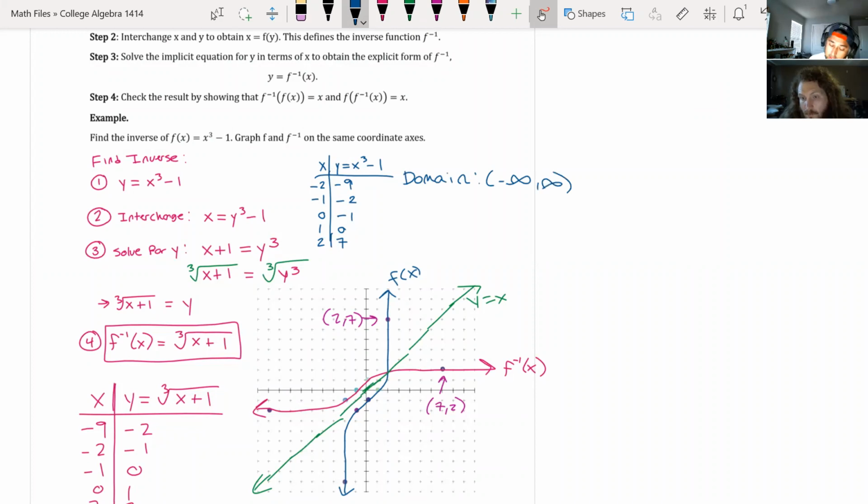And then what is the range of the original function? All real numbers. Good. Because your tails go to negative infinity and positive infinity.